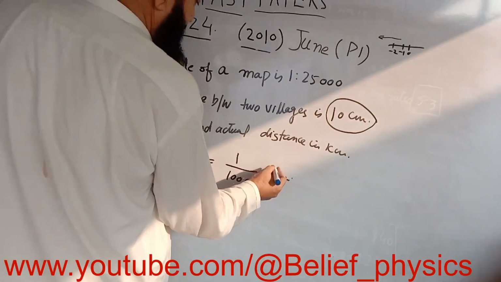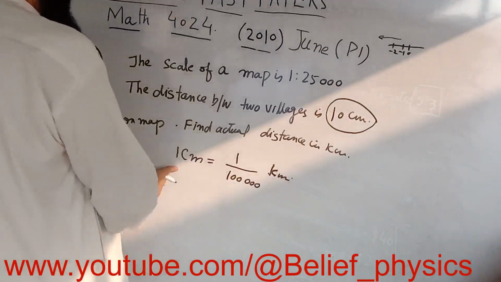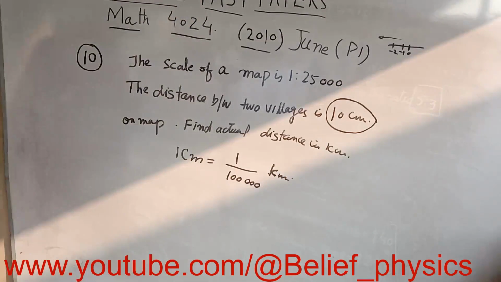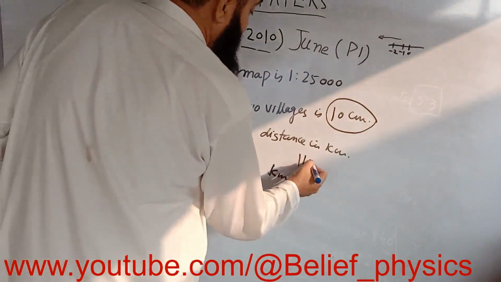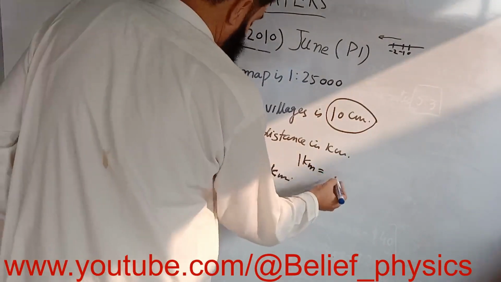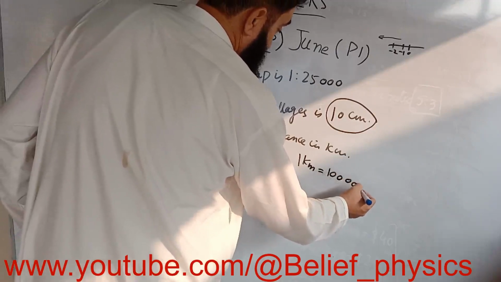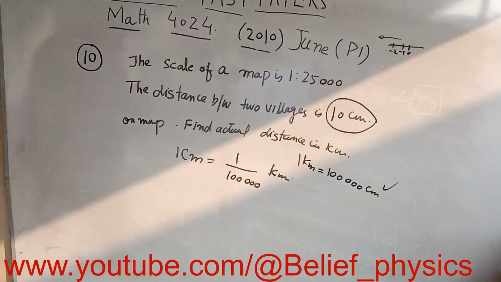When we go from a smaller unit to a bigger unit, we divide. 1 centimeter is equal to 1 over 100,000 kilometer. Or in other words, 1 kilometer is equal to 100,000 centimeters. This is the conversion between these two units.